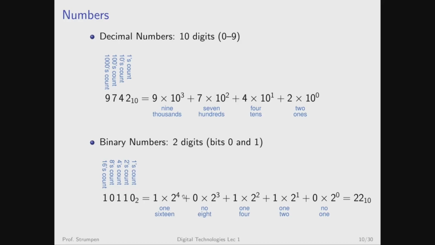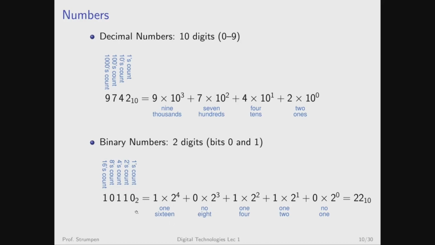Right? 2 to the 4 is 16, 2 to the 3 is 8, 2 to the 2 is 4, and so on. Now, since you only have 2 choices, take a 16 or not, right? 1 if there is a 16 included, and 0 if not. It's actually pretty easy to evaluate this value, this weighted sum, right?